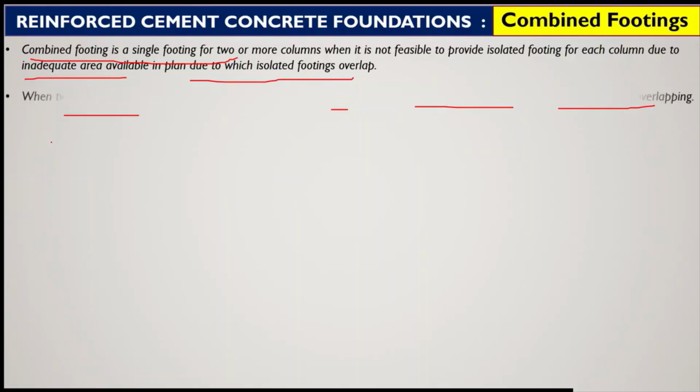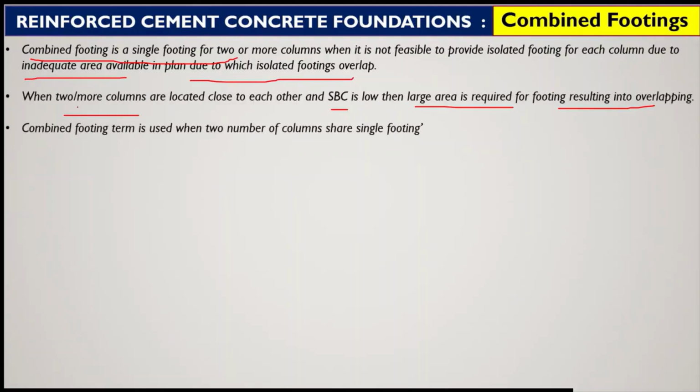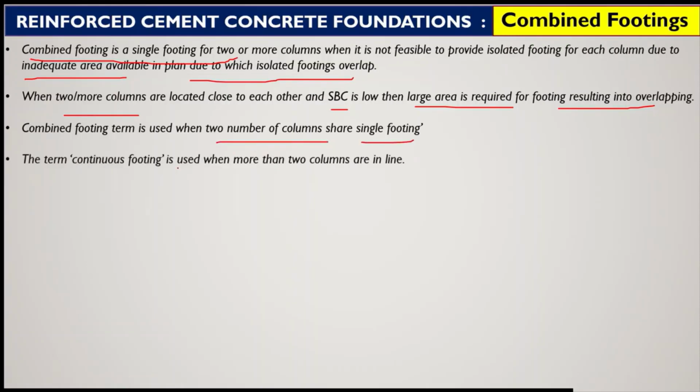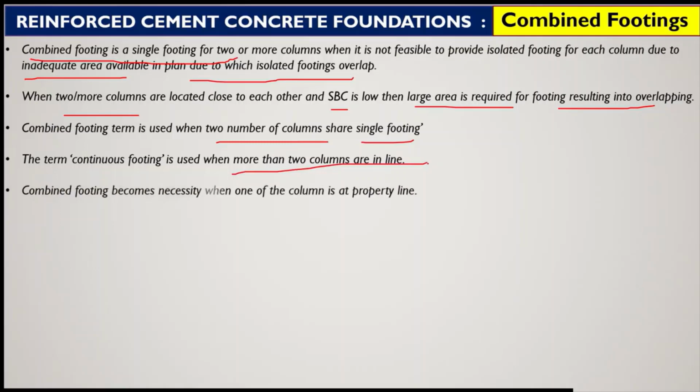Now, the term combined footing is used when two columns share a single footing, and the term continuous footing is used when more than two columns are in a line. Combined footing becomes a necessity when one of the columns is located at the property line.